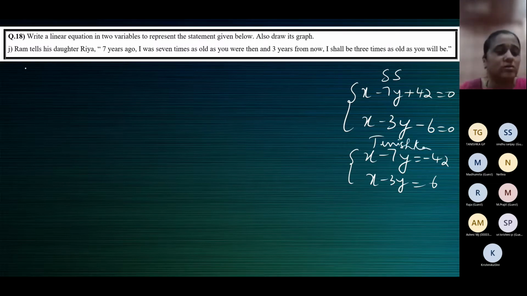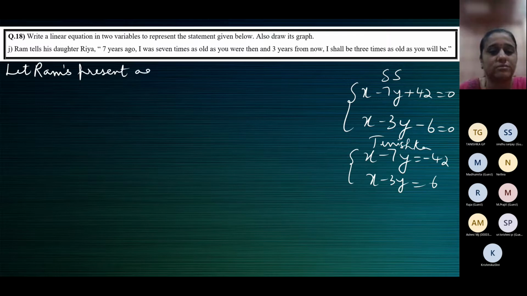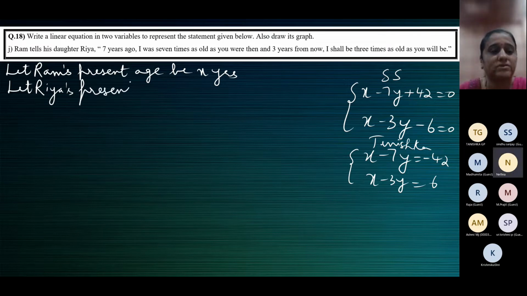Okay. So what have we taken, children? Ram's age is X, is it? Yes, ma'am. So let Ram's present age be X years. Let Ria's present age be Y years.